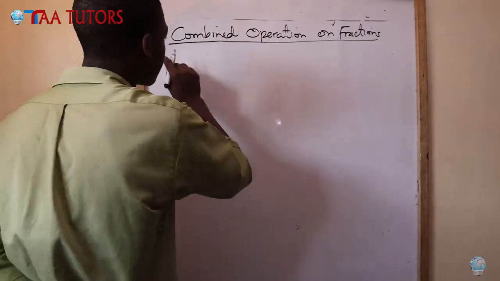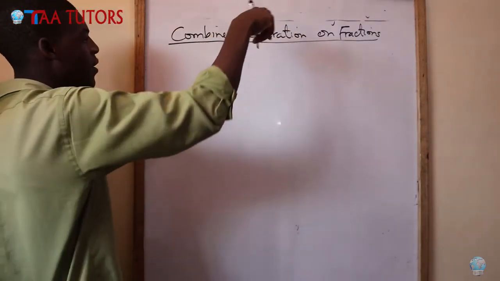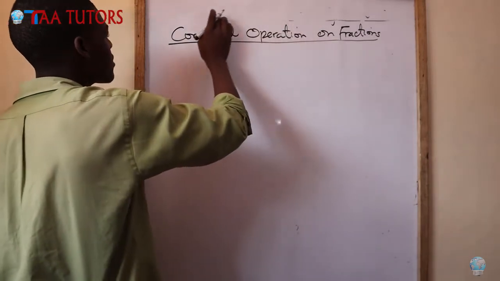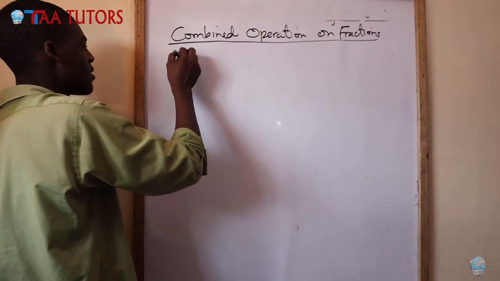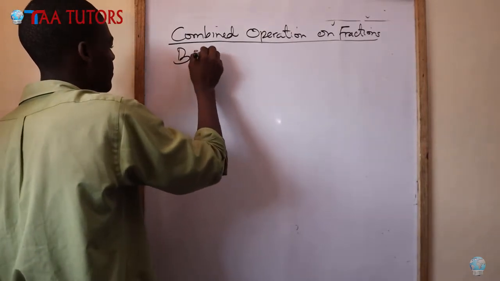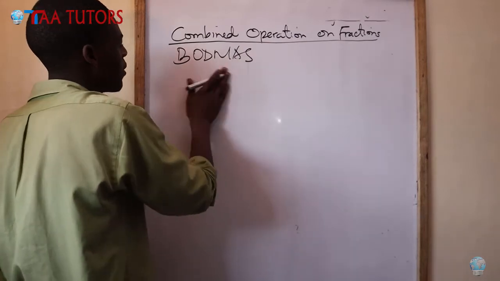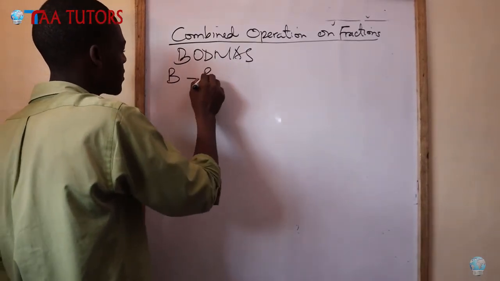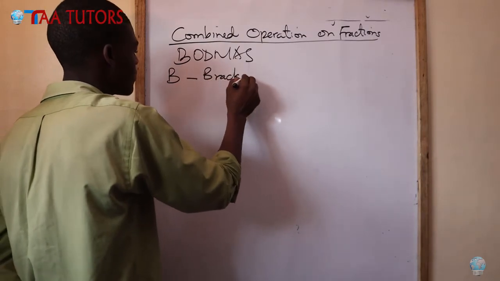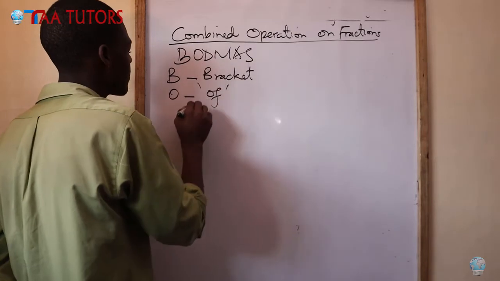So, in order for us to do a combined operation, we must obey an order in which the operations should follow each other. And that order is this one: BODMAS. B is for bracket. O is for of.